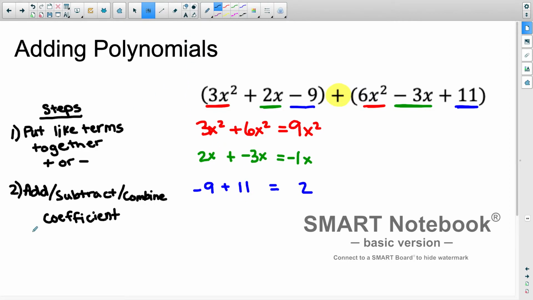So our last step is now we are going to write it in standard form. So remember that standard form is where we start with the highest exponent and we work our way down. So our highest exponent, the one with the biggest exponent here, is that 2. So we're going to do 9x squared.